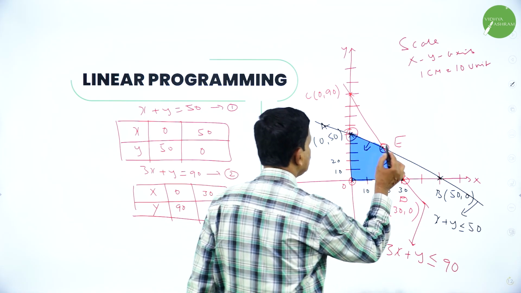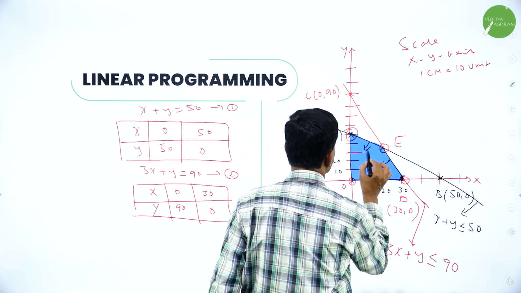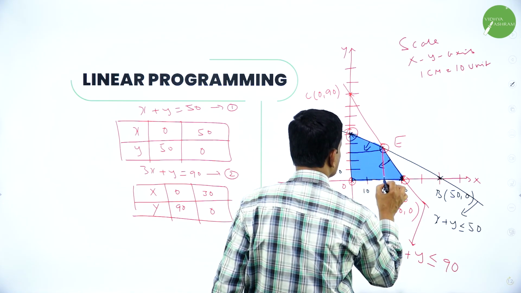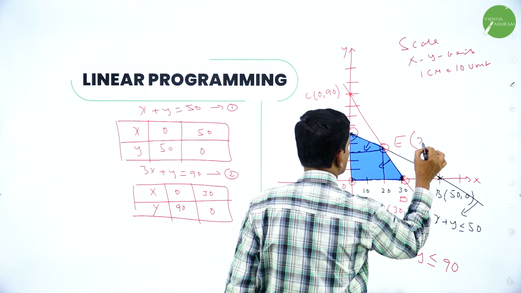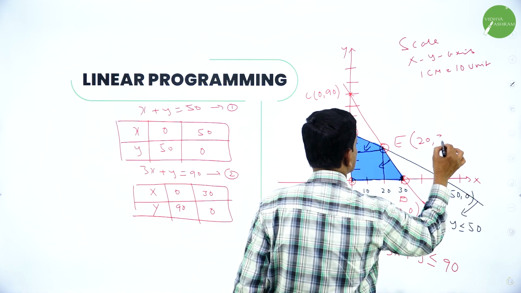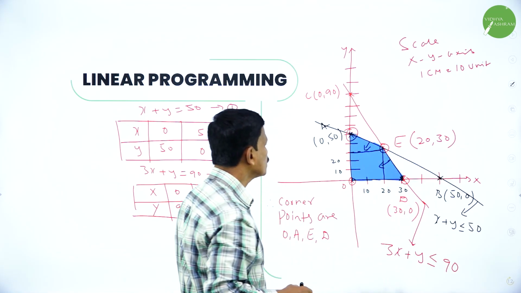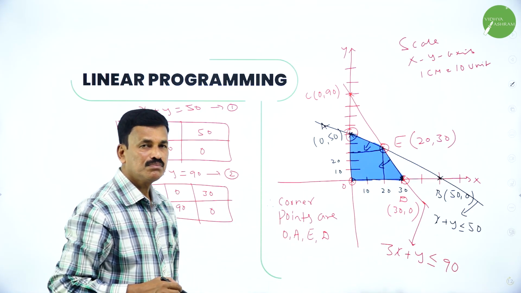If you draw like this, this is x is equal to 20, y is equal to 30. 20, 30 is the point E.